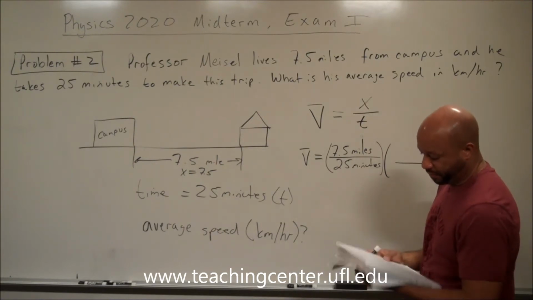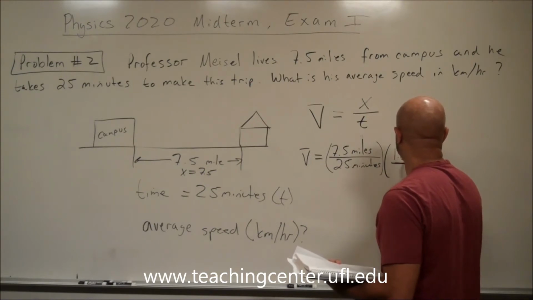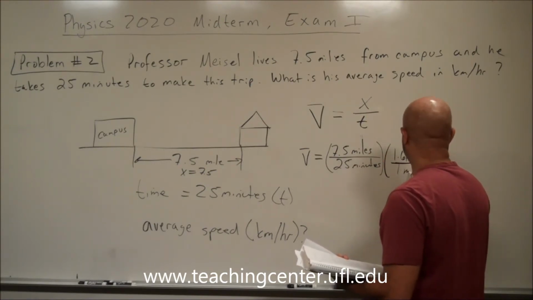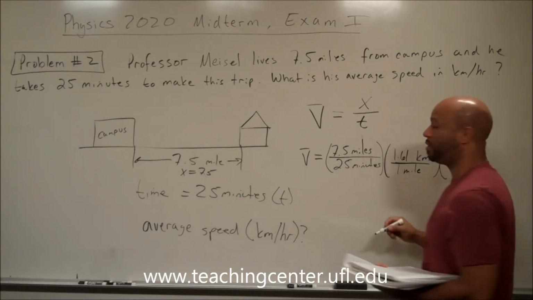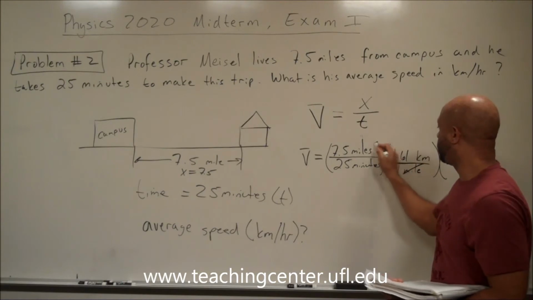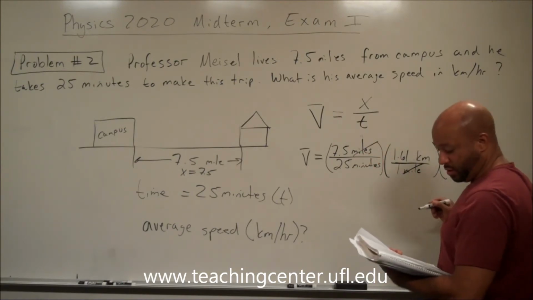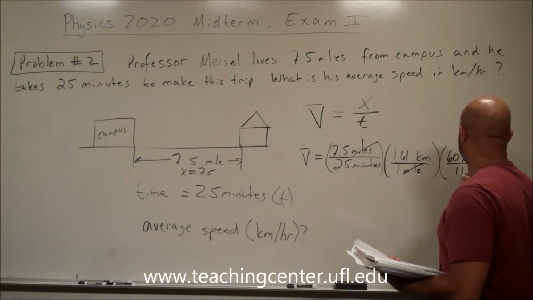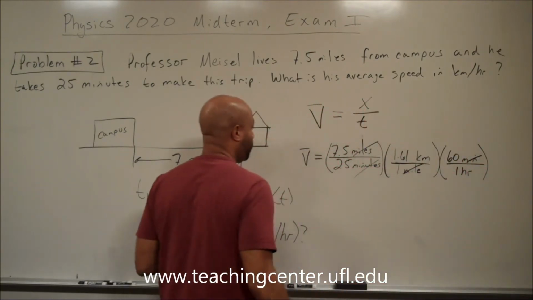We know that there are 1.61 kilometers for every mile. Okay? And so our miles will cancel out. And we know that there are 60 minutes for every hour, so our minutes cancel out.